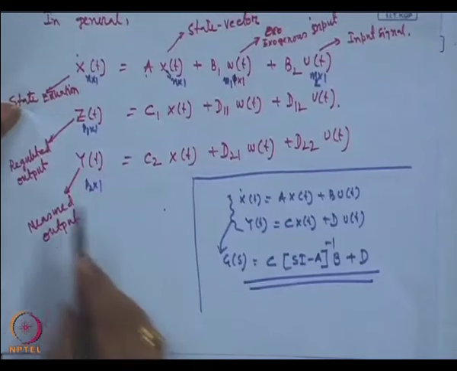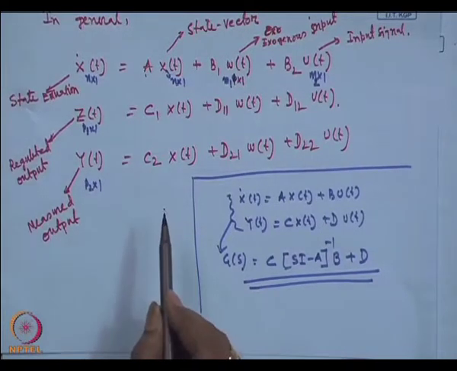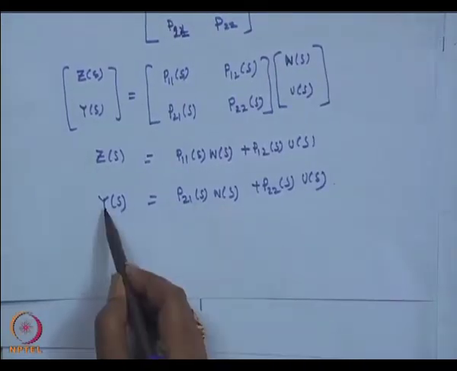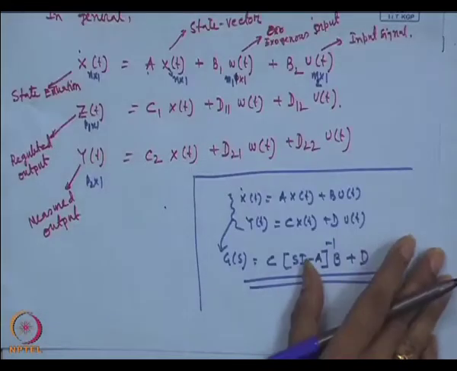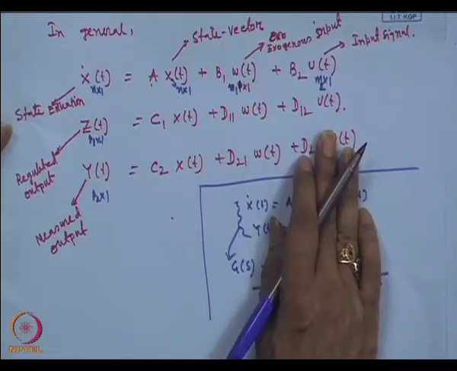Then how to find out again P 21 s. P 21 s, the input signal is W s and Y s is the output when U s is 0. So, between state equation and this when U is 0.